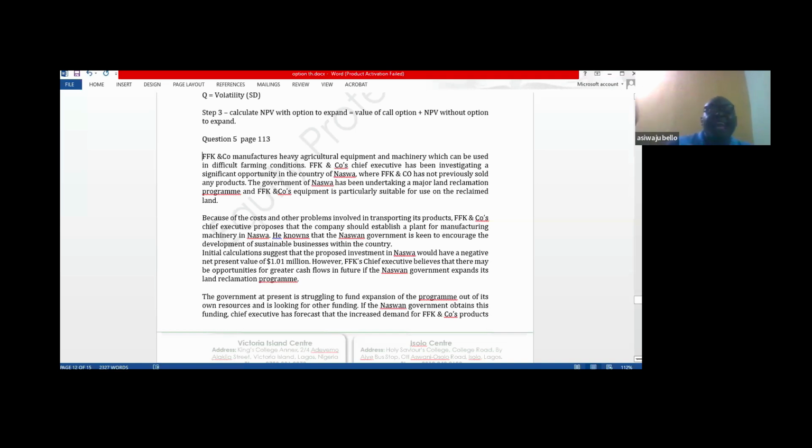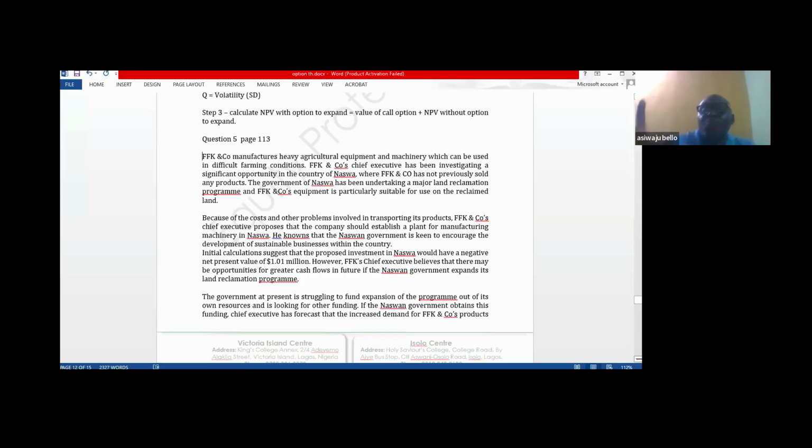If the government expands its land reclamation program, the government at present is struggling to fund expansion of the program out of its own resources and is looking for other funding.